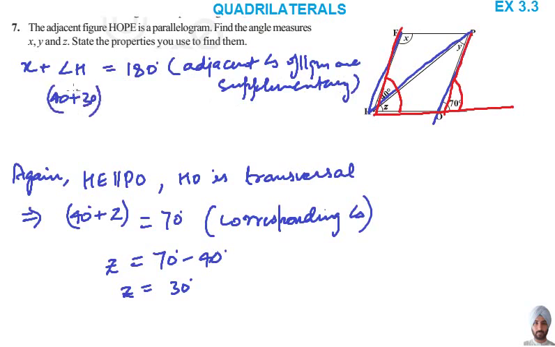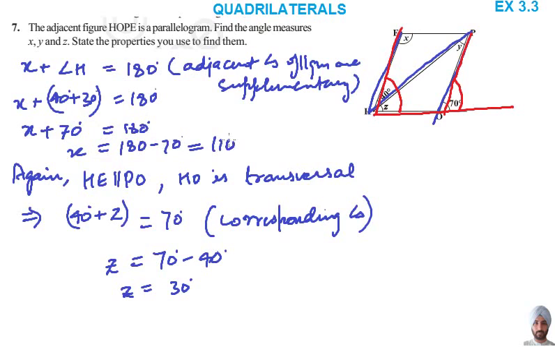I have written like this so that you can calculate angle H in a stepwise manner. So this will yield X as 180 minus 70 degree, which is 110 degree. So now we have X, we have Z, we have already found Y, and we have all the angles. So let's move on to the next question.